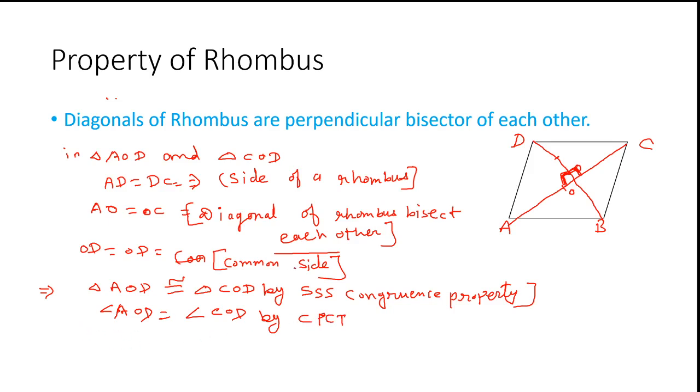So let angle AOD be equal to X and angle COD be equal to X, because these two are equal angles. We have proved that. Now angle AOD plus angle COD is equal to 180 degrees, by the linear pair of angles property.